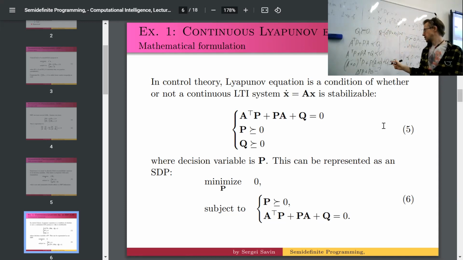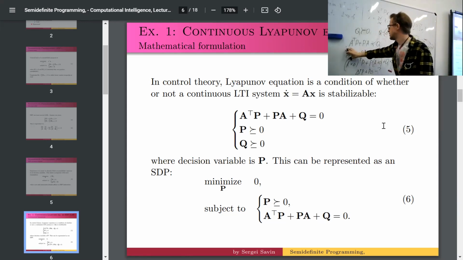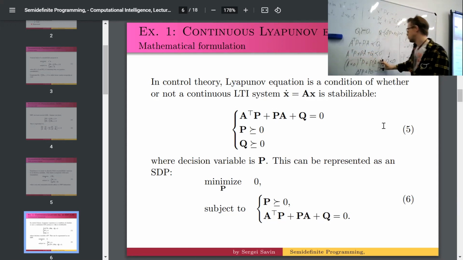So, if the symmetric part of this guy does not change the fact that this whole thing is positive semi-definite, then in reality you don't have this matrix here. What you care about is that this guy is negative semi-definite, and since we know that this one is smaller than Q, then this whole thing would still be smaller than 0. I'm not sure if I was clear.